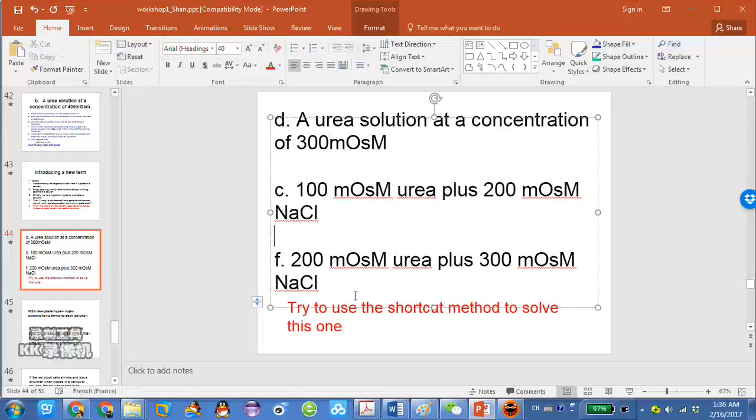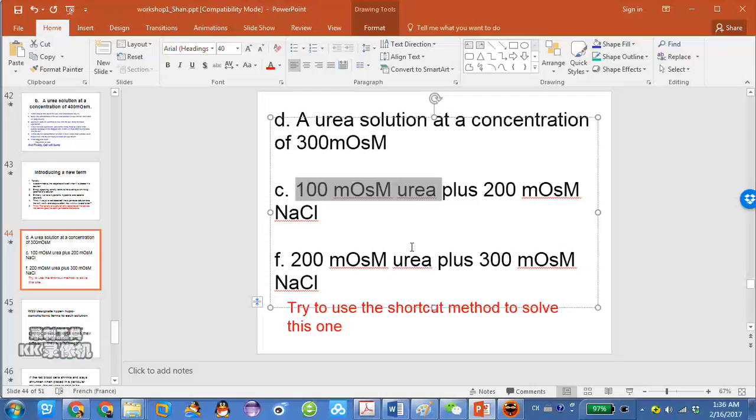Scenario C and scenario F are the most difficult ones. In the outside solution, they have a combination of urea and salt. But since we already know that we don't have to look at the solutes that freely cross the cell membrane, we can ignore urea in this case.